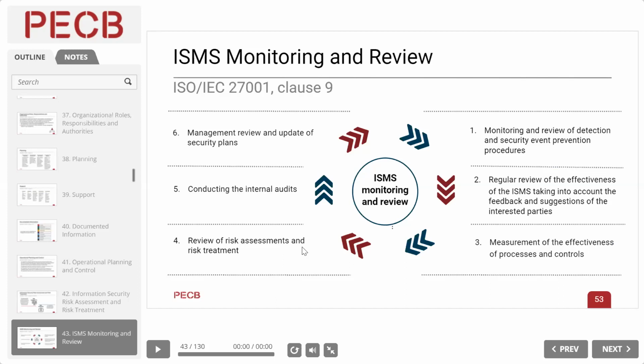Number 2 says regular review of the effectiveness of the ISMS, taking into account the feedback and suggestions of the interested parties. As I said, this is part of the review, the check phase, the audit phase. How effective is the ISMS? Is it meeting its objectives?